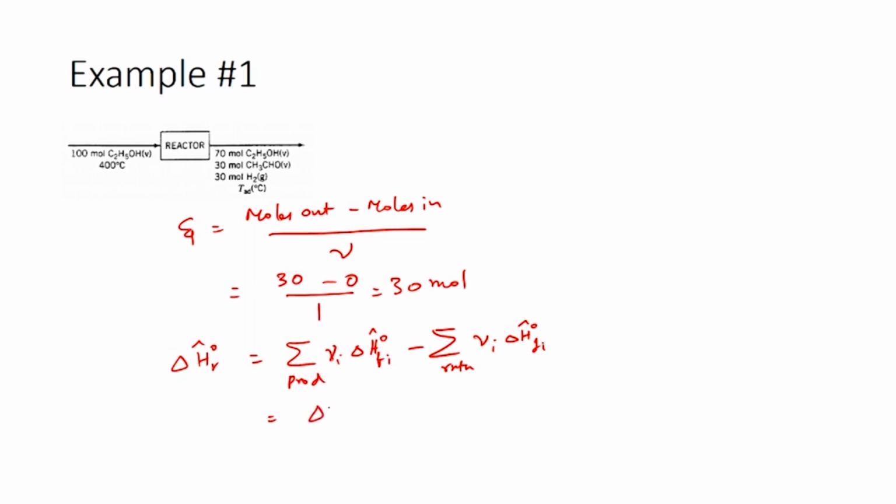So, you would have this as stoichiometric coefficient of acetaldehyde, CH3CHO, times the standard heat of formation of acetaldehyde, minus stoichiometric coefficient of ethanol times the standard heat of formation of ethanol.